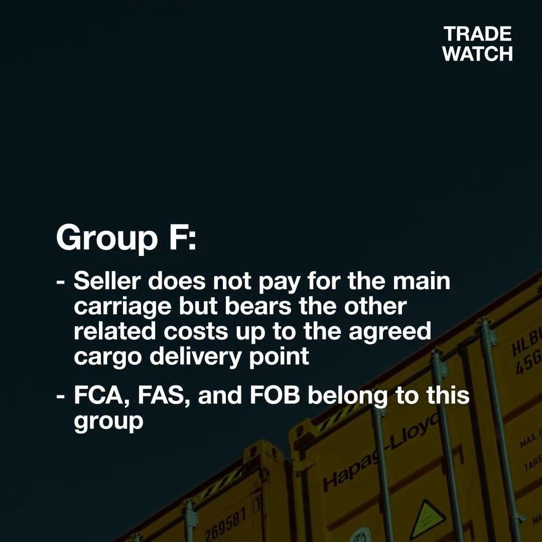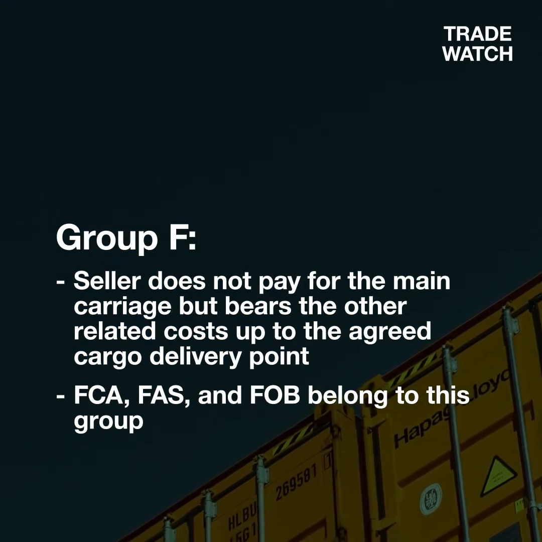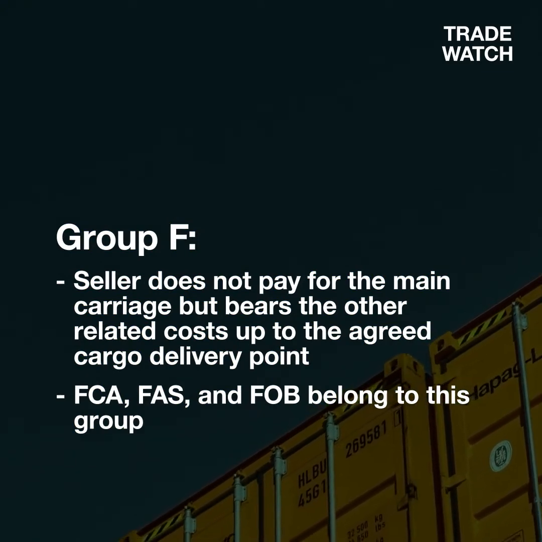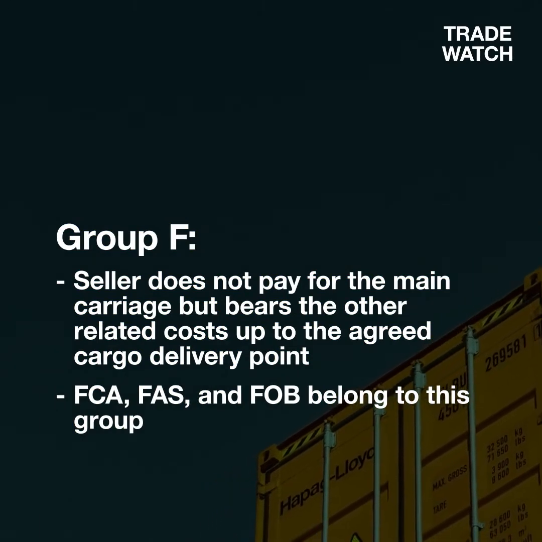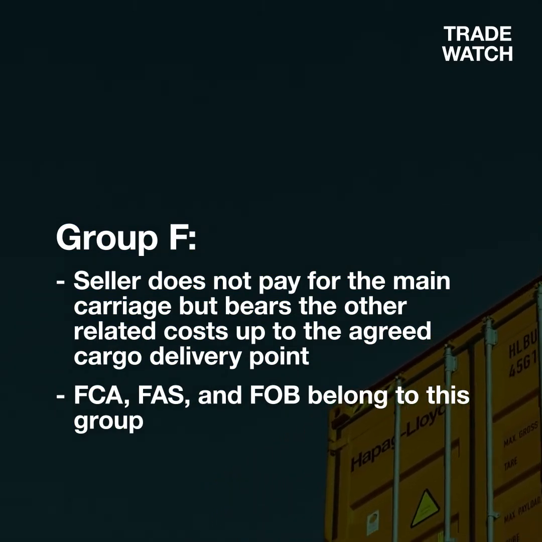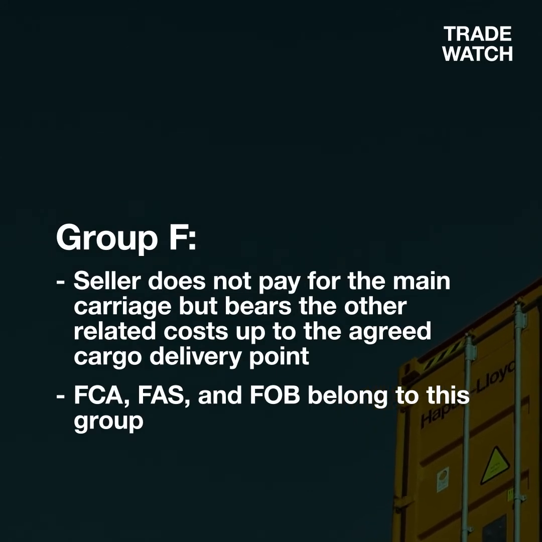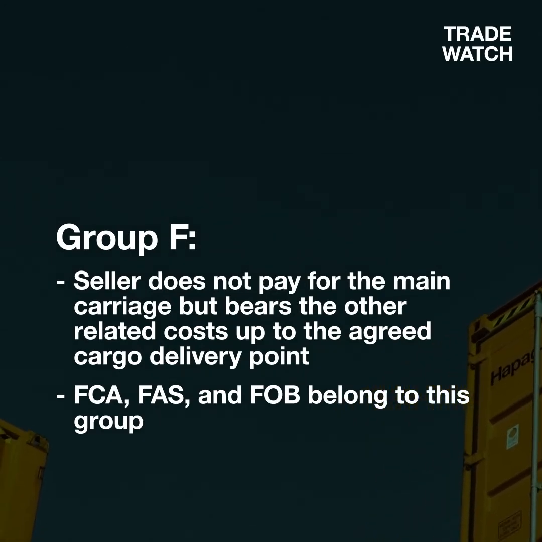Group F: Seller does not pay for the main carriage but bears the related costs up to the agreed cargo delivery point. FCA, FAS and FOB belong to this group.